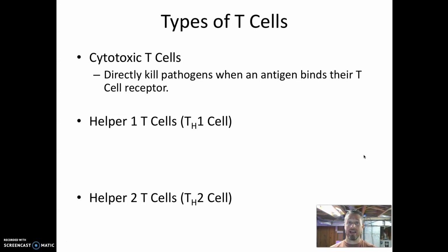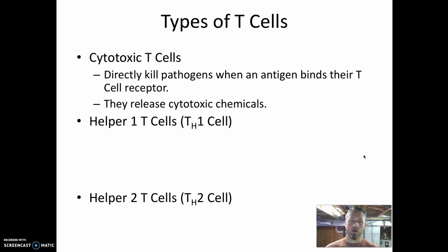So the antigen sticks to the T cell receptor, that tells the cell to do something, and the cell is going to try to kill the thing that it found. The way they do that is they release these things called cytotoxic chemicals. Basically, from their cytoplasm, they expel cytotoxic chemicals that will damage that pathogen or antigen. So that's the role of cytotoxic T cells.